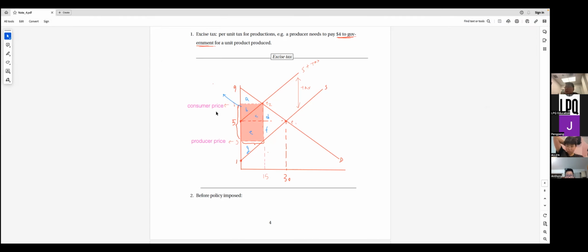Why is B and C called tax paid by consumer? Because before the tax, before the policy, B and C together was a part of the happiness that can be received by consumer. Am I right?